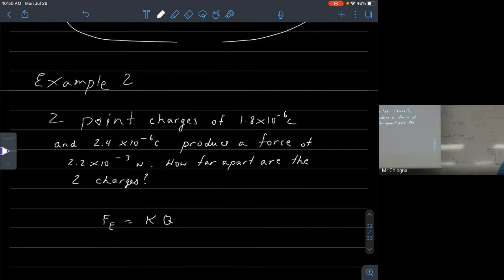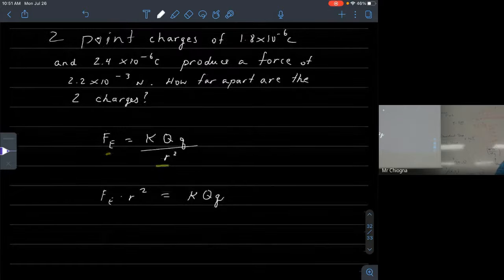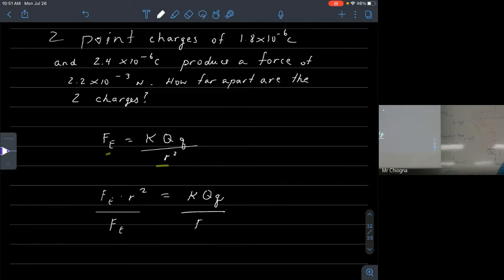I'm going to use this. You can use Q1, Q2 if you want. I'll write it as k big Q, small q. I would just cross multiply the distance with the force, and then divide out the force on both sides.